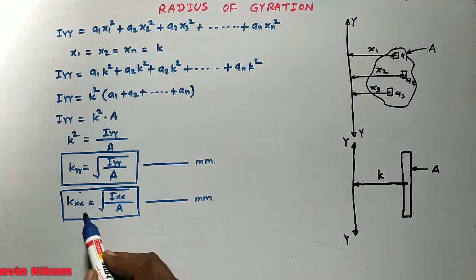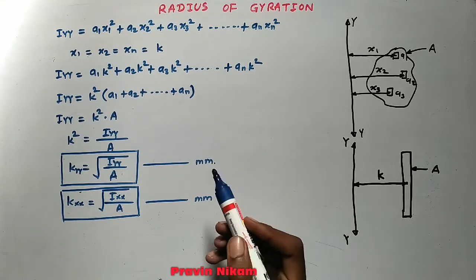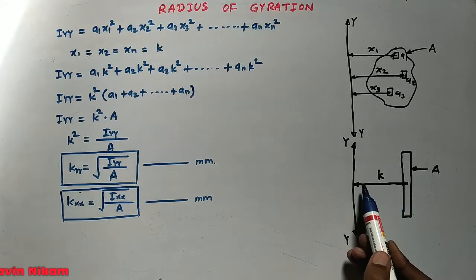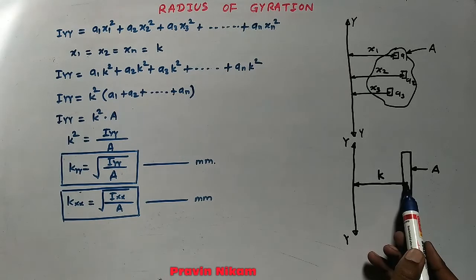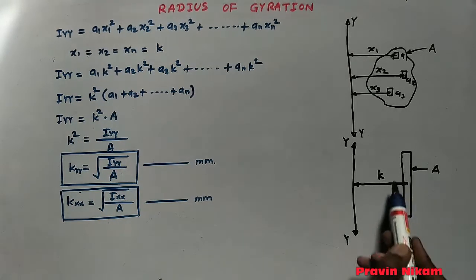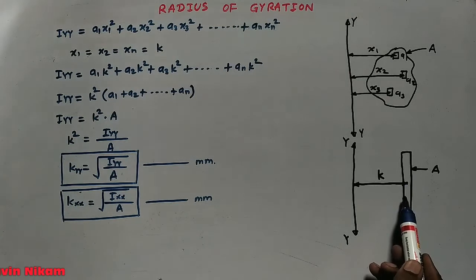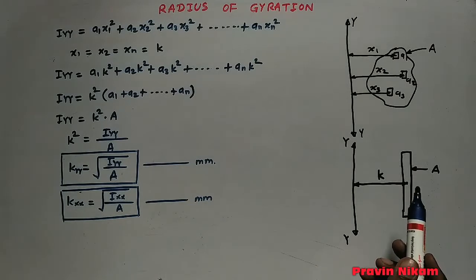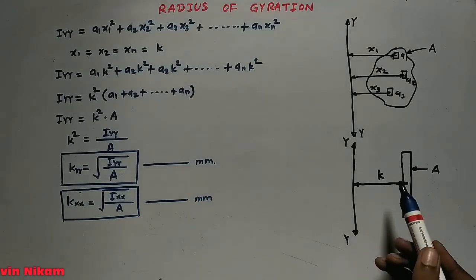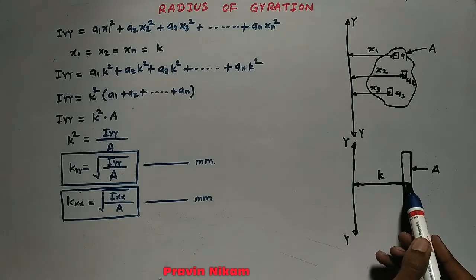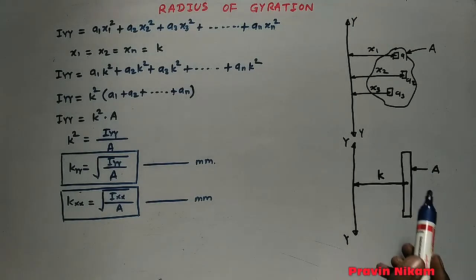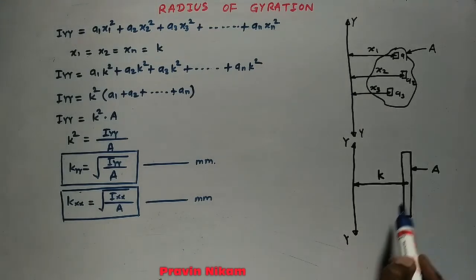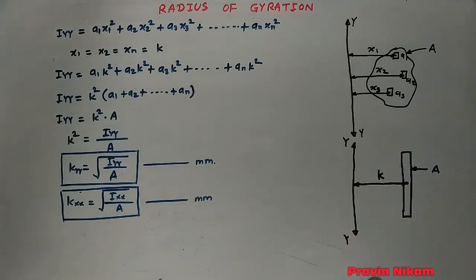So what is this k? This is the distance from the axis at which the entire area is concentrated without changing the moment of inertia about the given axis.